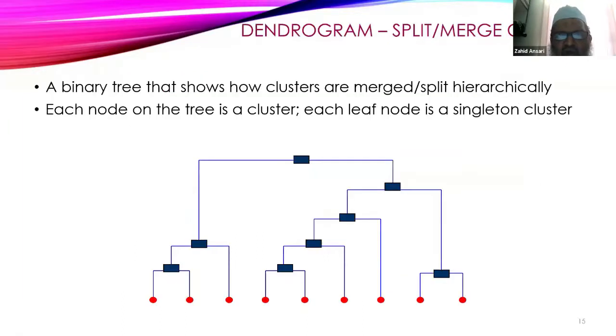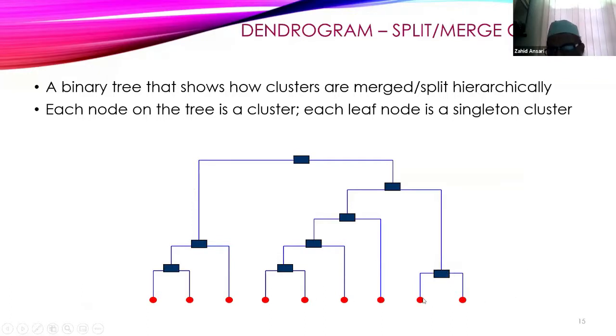So how will we get the clustering? Dendrograms can be used for the split and merging of the clusters. What is a dendrogram? It's a binary tree that shows how clusters are merged or split hierarchically. Each node on the tree is a cluster. Each leaf node is a singleton cluster, and each internal node is a cluster.